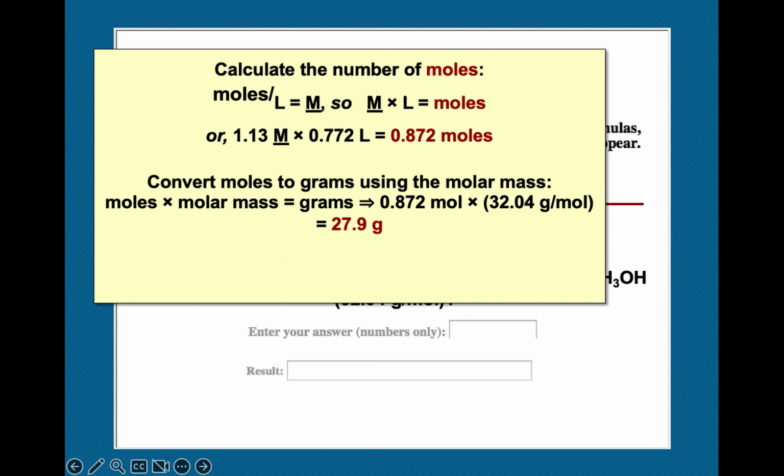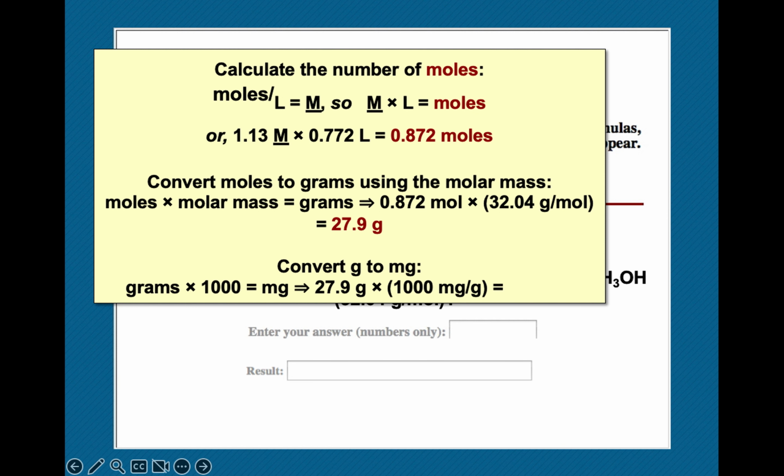But nothing's in the block yet, is it? Because the problem said milligrams. Grams to milligrams, just multiply by 1,000, 27,900. When I multiplied that out, I got 27.95.